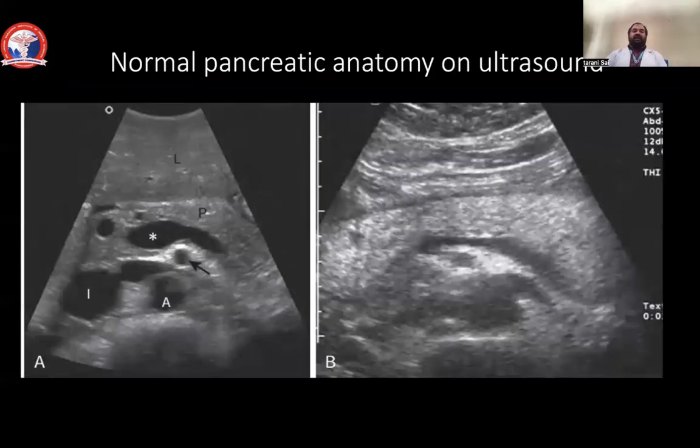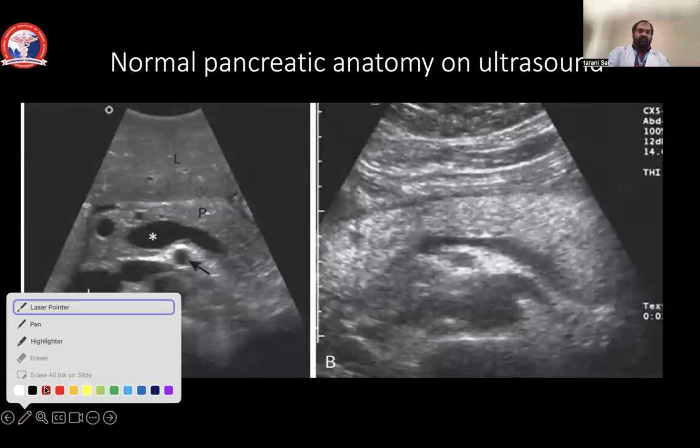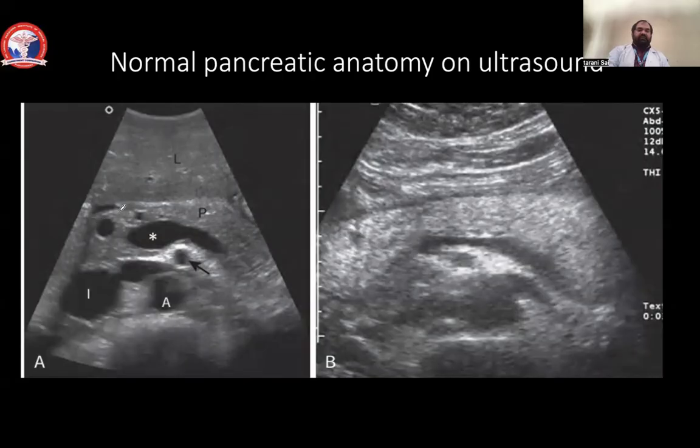This is the normal pancreatic anatomy on ultrasound. Here, we can see this is a transverse section of the liver in the subxiphoid view, showing the echotexture of the pancreas similar to the liver.